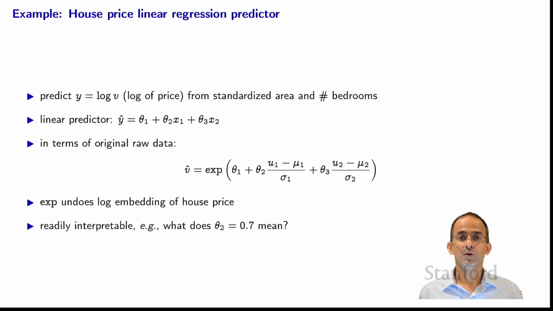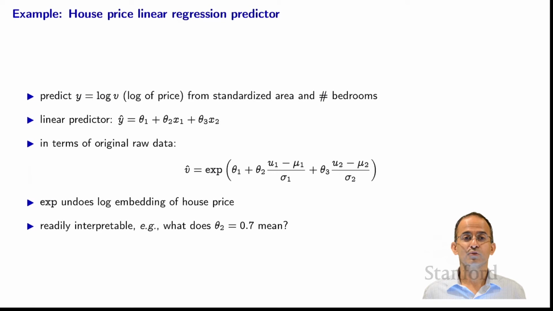Then we get given a new house that we've never seen before, a new record, and that gives us a u1 and a u2, a number of bedrooms and a square footage. We standardize them to get an x1 and an x2. We then apply our predictor, y hat is theta 1 plus theta 2 x1 plus theta 3 x2, to get a y hat, which is a prediction of the log of the price.